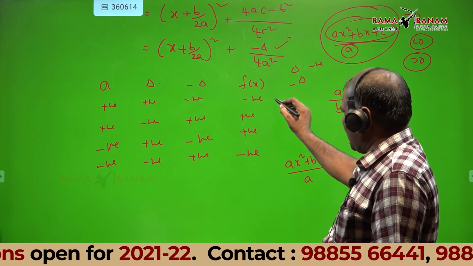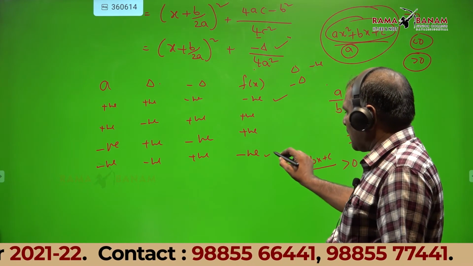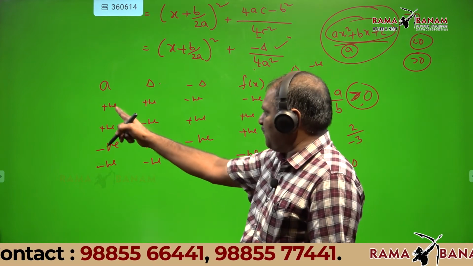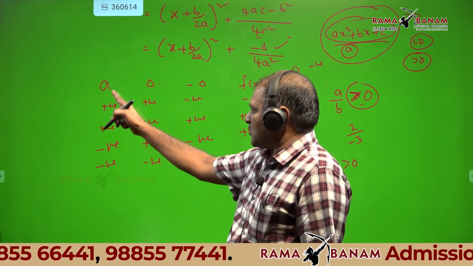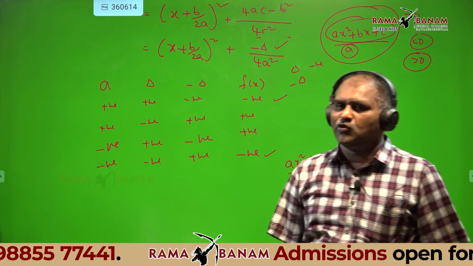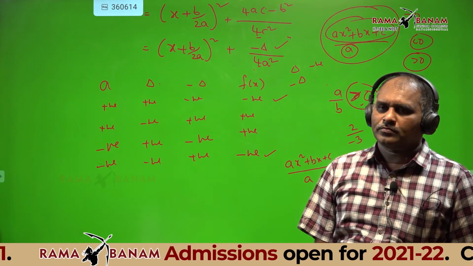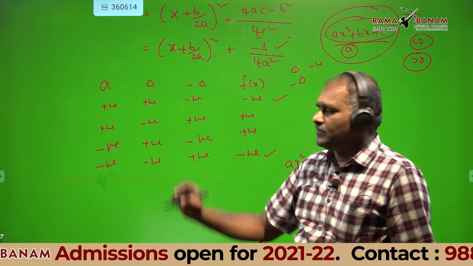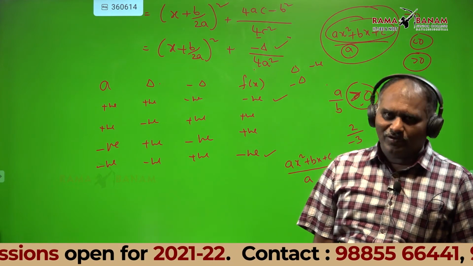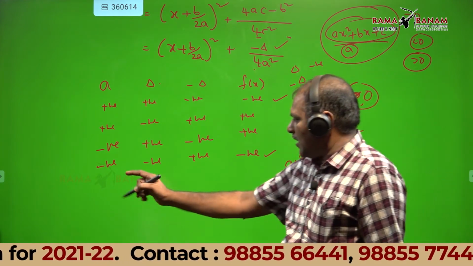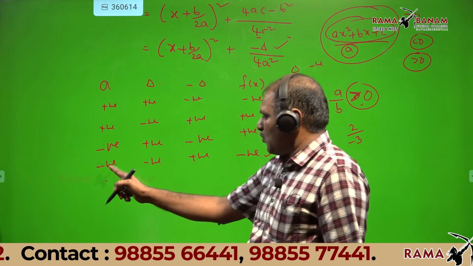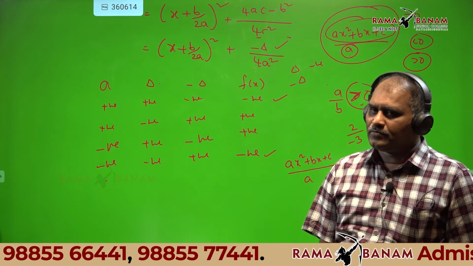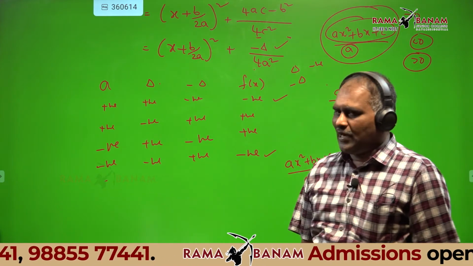Less than 0 means either the first case or the last case. Observe in the first case: what is a, positive or negative? Positive. What is the delta? Positive. And in the last case, what is a? Negative. What is the delta?